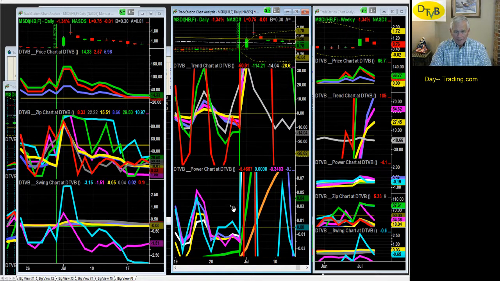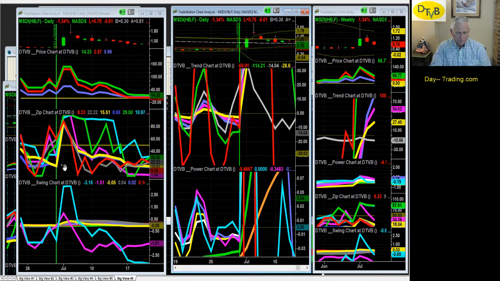Trend red is down and trend gray is up. I used to think that the trend red and green divergence was really important, but I've learned that the trend red and trend gray divergence issues are more important.